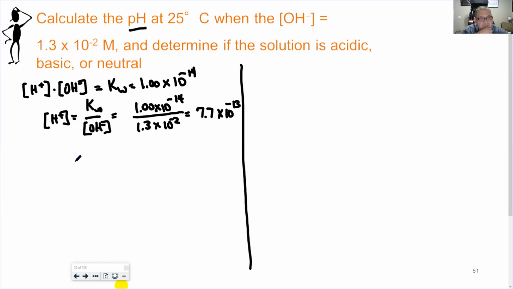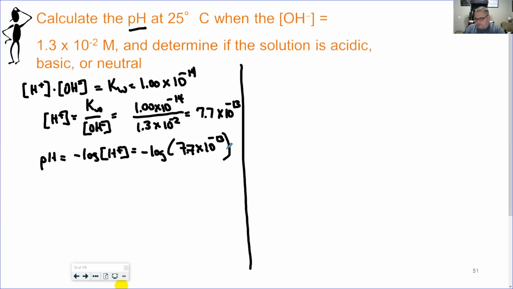All right, so if I know that, I can calculate what pH is then. So pH is equal to the negative log of the H plus. So it would be the negative log of 7.7 times 10 to the minus 13th.